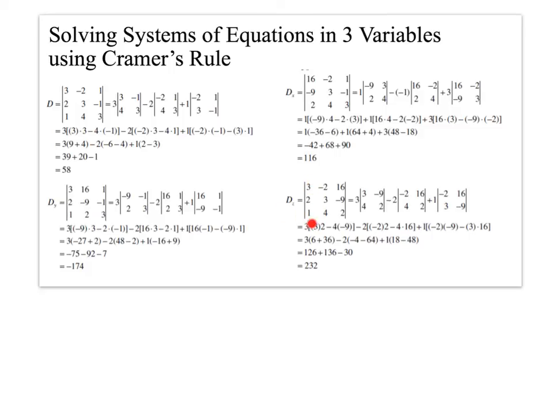But I think I would have stayed with that one as well because it has the smallest numbers. It's harder to multiply with larger numbers. Nicer to go with the column that has the smallest number values in it. So let's look at using Cramer's rule now for solving for our x, y, and z variables.